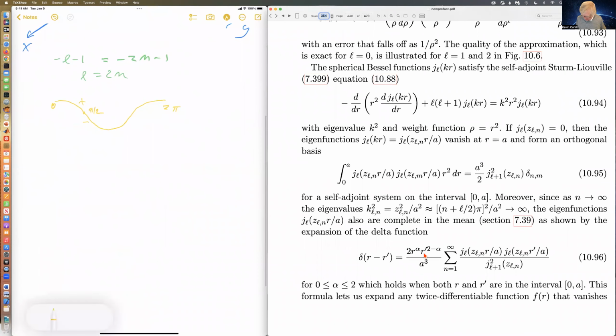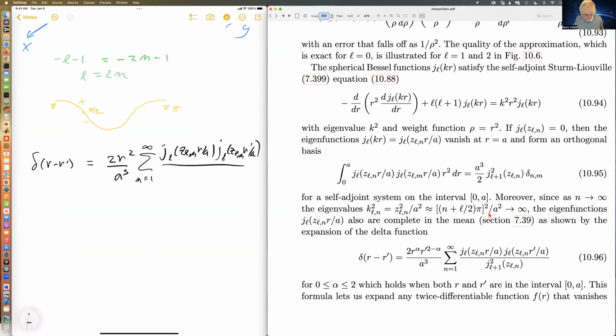Just let me switch maybe to black for a moment. This completeness relation, just to clarify it just a little bit, it can be 2r squared over a cubed, and then a sum n equals 1 to infinity of then here this JL of ZL n R over A, JL of ZL n R prime over A, and then divided by J squared L plus 1 of ZL n.